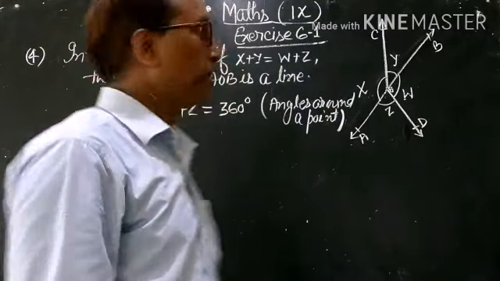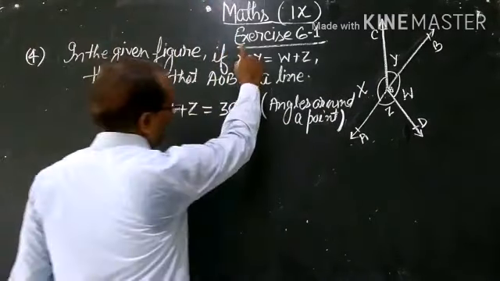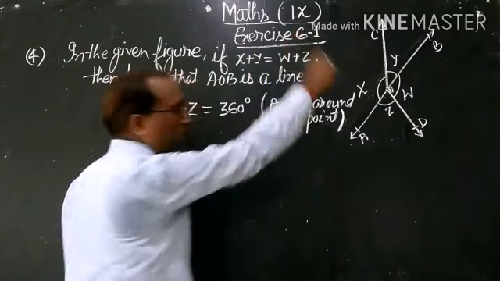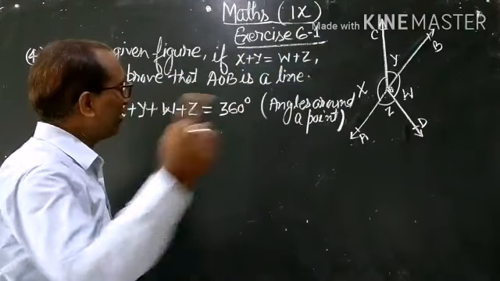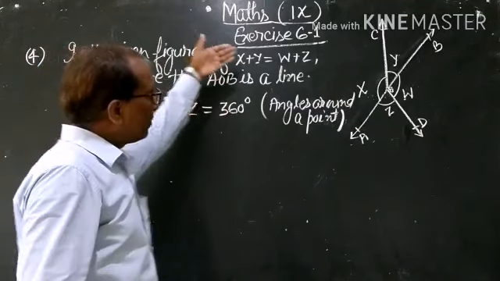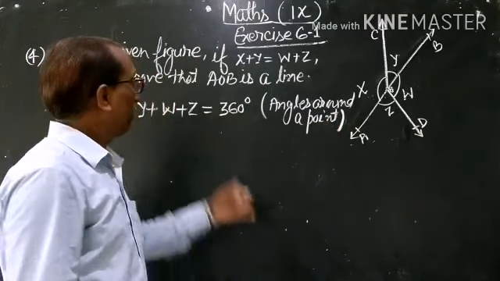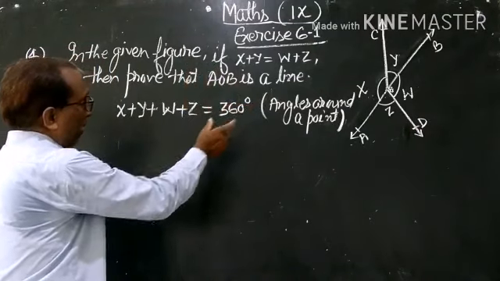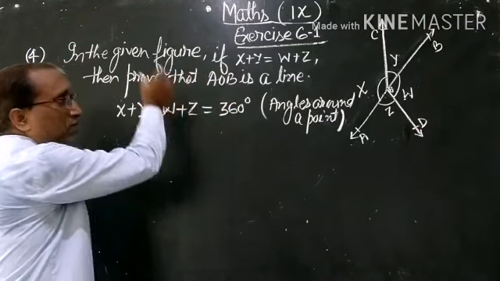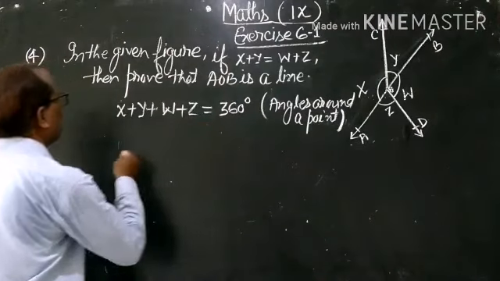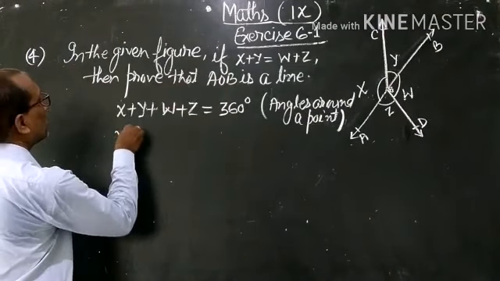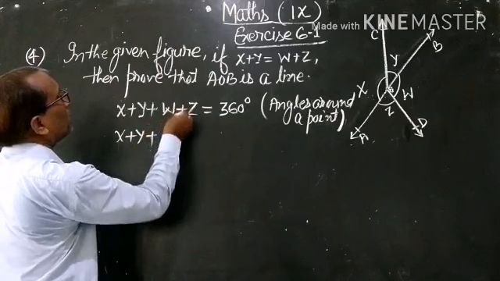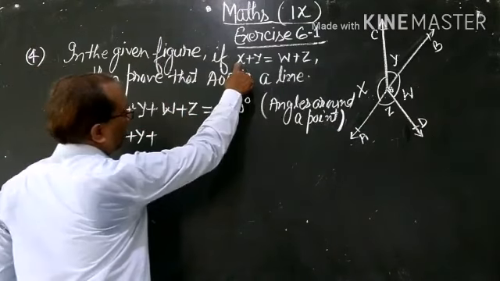Here is given x plus y is equal to w plus z. By this given, we are able to write x plus y at the place of w plus z. Then we write here x plus y plus w plus z is equal to x plus y.